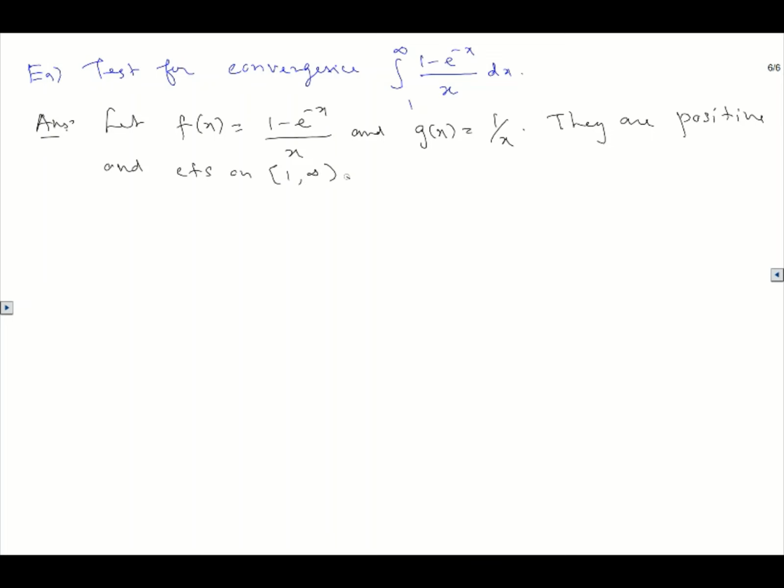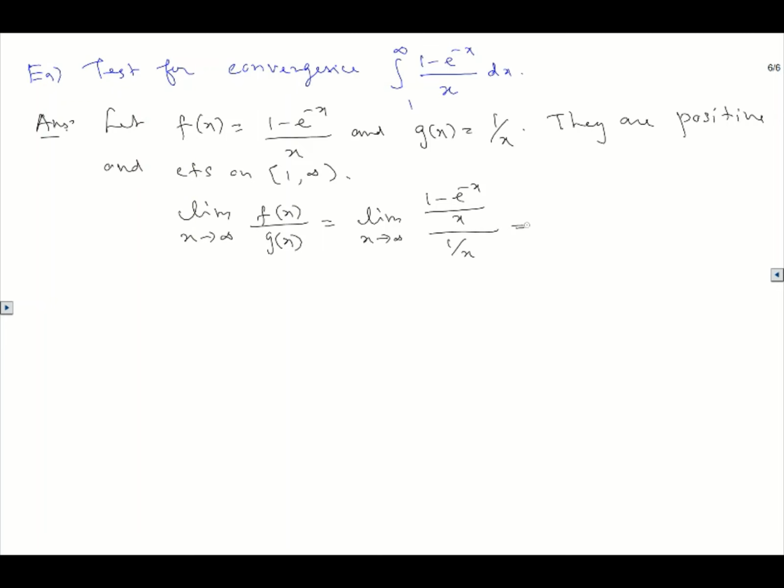So now what we can do is look at the limit. The limit as x goes to infinity of f(x) over g(x), and you write this just to make it complete. The limit as x goes to infinity of (1 minus e to the minus x over x) over (1 over x).